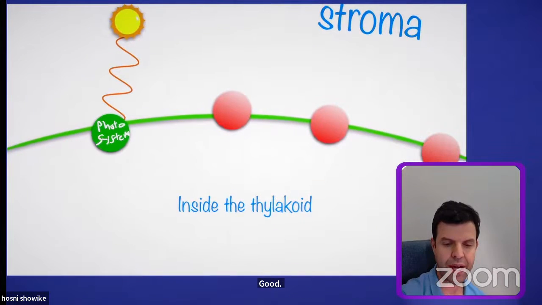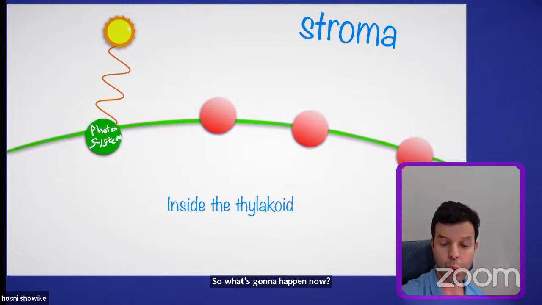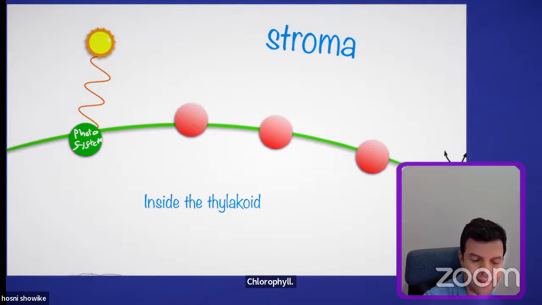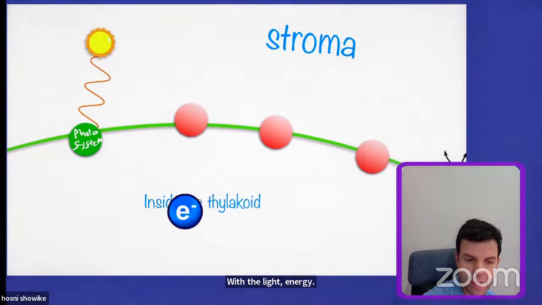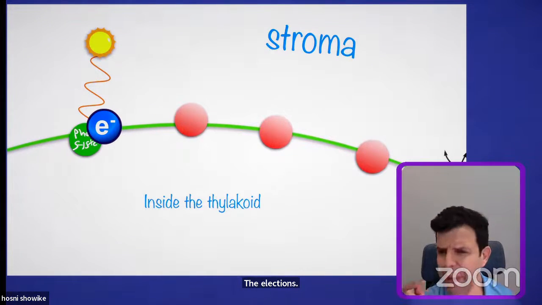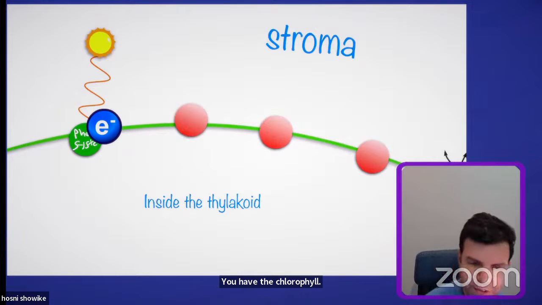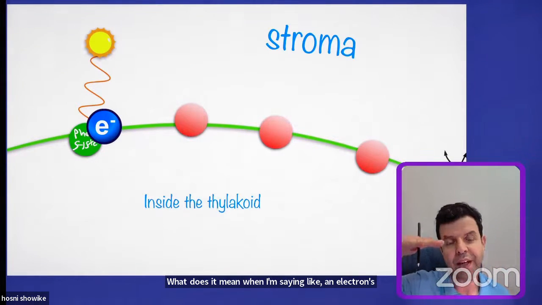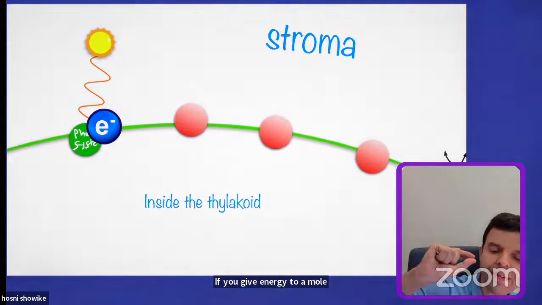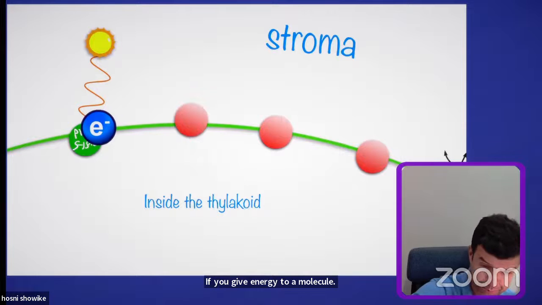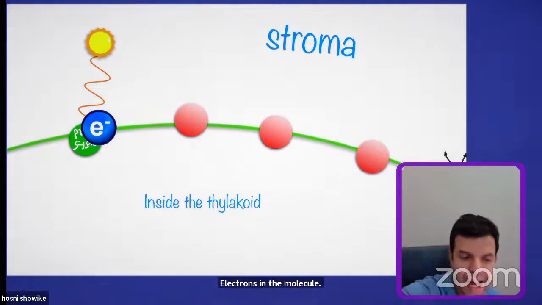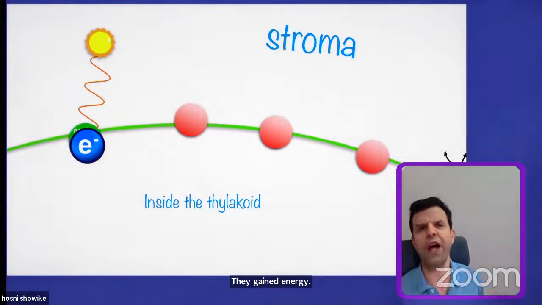As you hit that chlorophyll with the light energy, you will excite some of the electrons you have in the chlorophyll. What does it mean when I'm saying an electron's been excited? Usually, if you give energy to a molecule, you would notice that some of those electrons in the molecule gain energy and they jump out of that molecule.